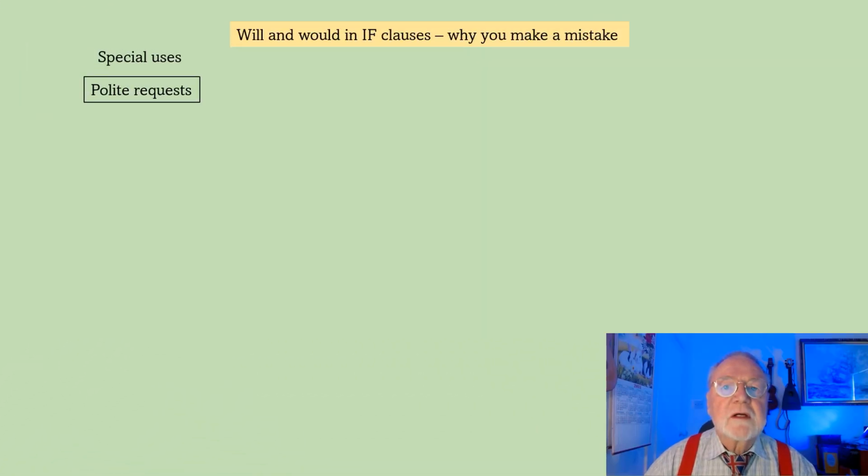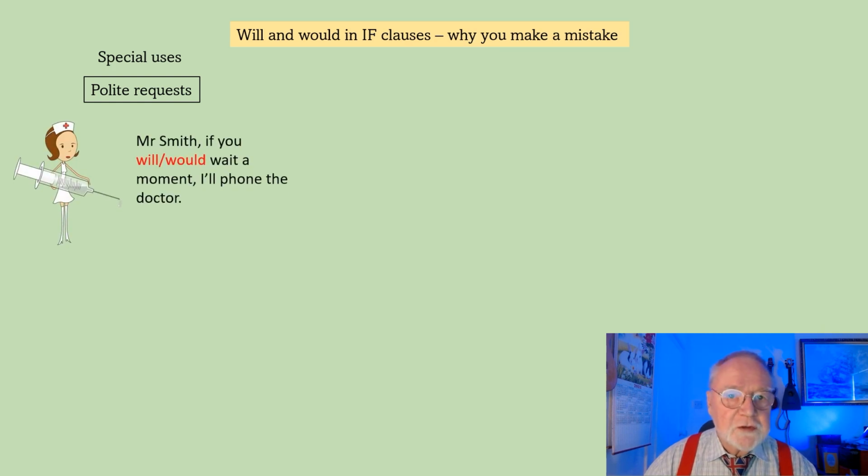So let's have a look at some situations to see exactly where you can use will in the if clause. Yes, I did say that. You can use will in the if clause. Here's the nurse, and she's speaking to Mr. Smith. Mr. Smith, if you will wait a moment, I'll phone the doctor. She could have said, if you would wait a moment.